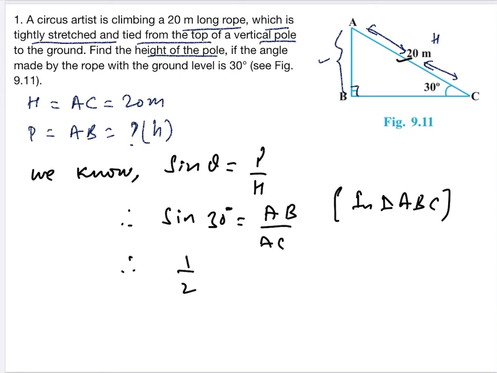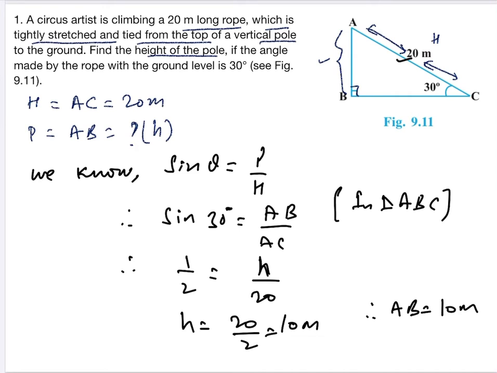Therefore 1 by 2 is equal to AB, which is what we have to find, or we can write here H as we have taken, and AC is 20. So H is equal to 20 by 2, that is equal to 10 meter. Therefore AB is equal to 10 meter, or we can write height of pole is equal to 10 meter.